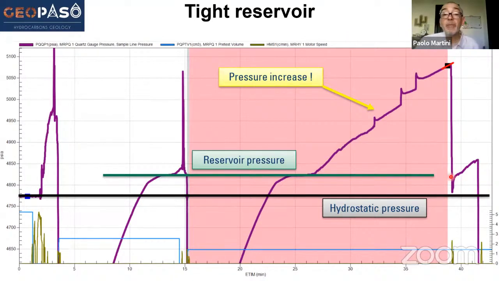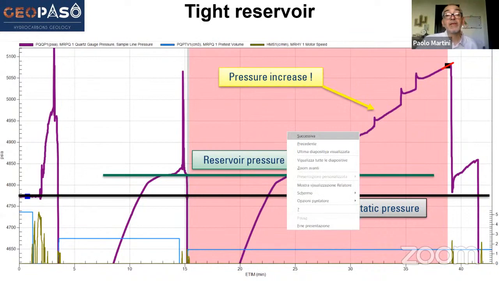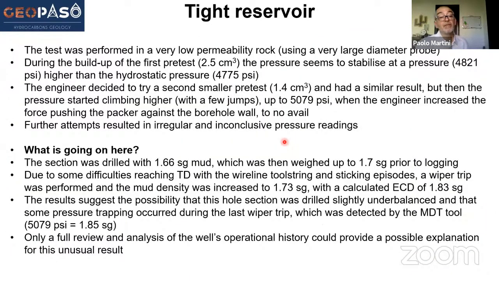But I mean, how can you have a formation pressure that is higher than the hydrostatic if you have drilled overbalance? So what happened is that the section was drilled with 1.66 SG mud, which was then weighed up to 1.7 prior to logging.